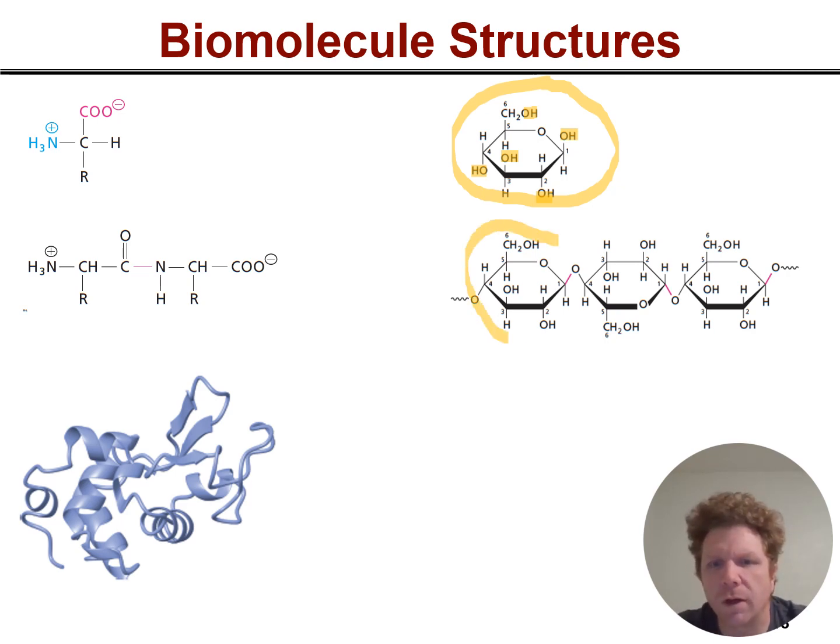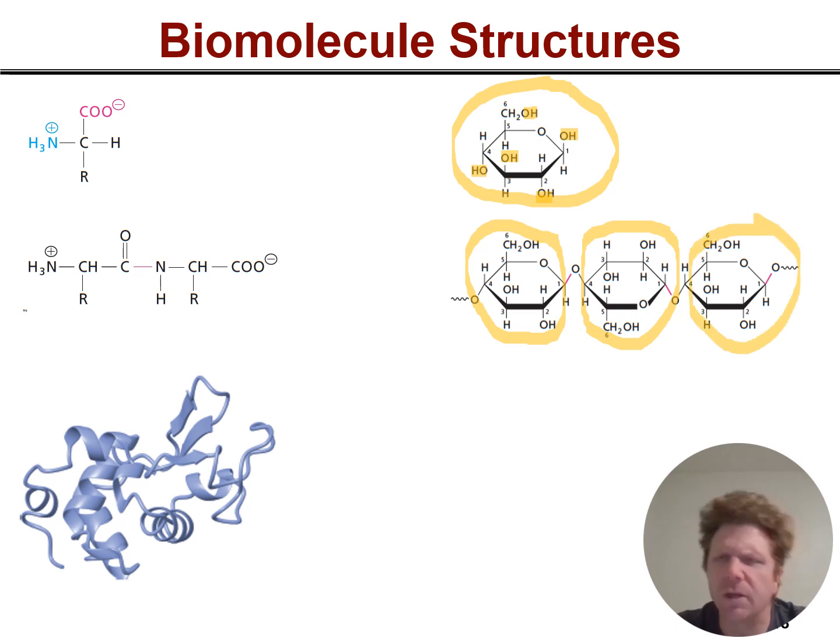Down below, we've got this molecule that looks a little bit like this molecule, and so on. There's some differences, absolutely, but basically this is a polysaccharide made up of repeating units of a sugar.